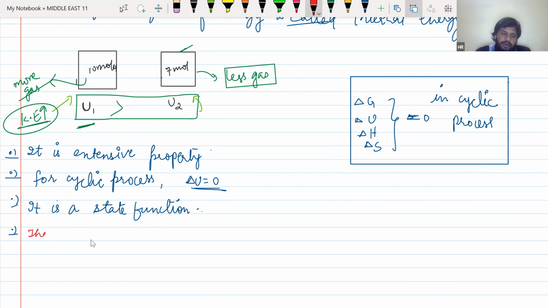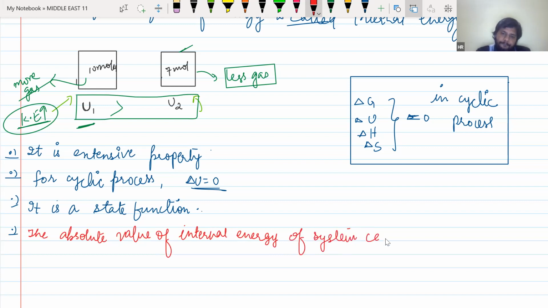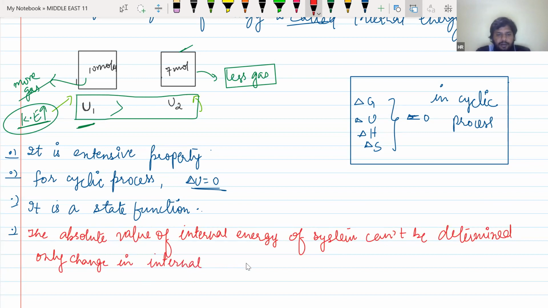Here I can write: the absolute value of internal energy of a system can't be determined, only change in internal energy can be determined.